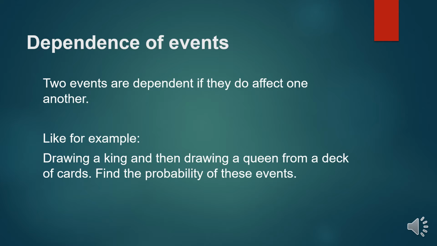The probability of drawing a queen changes from 4 out of 52 to 4 out of 51. Taking one card from the deck changes the probability of another event because there are now fewer cards in the deck, which is why these are dependent events: the presence of one event affects the probability of another.